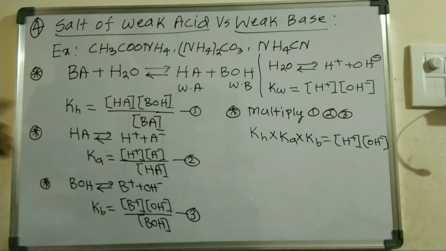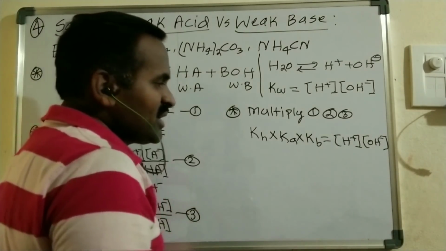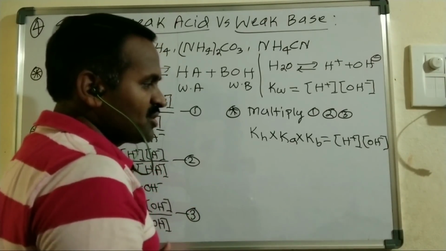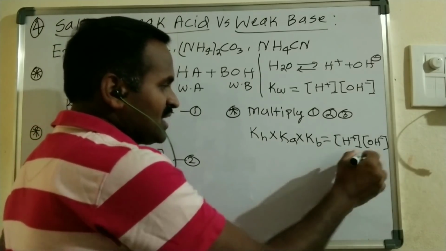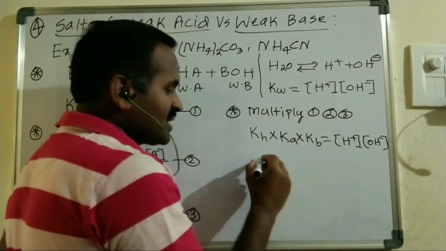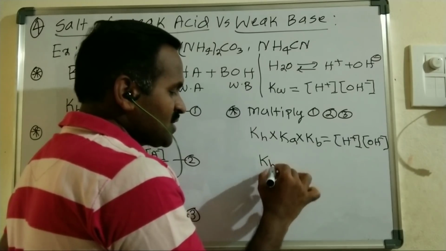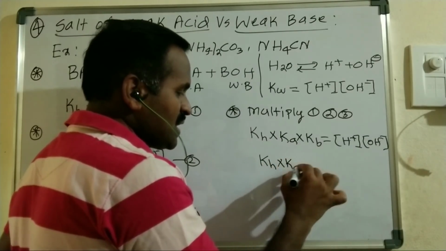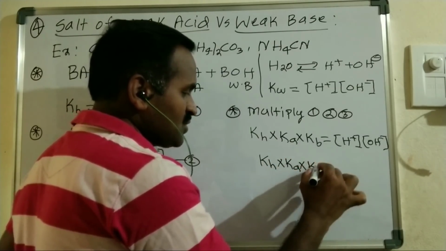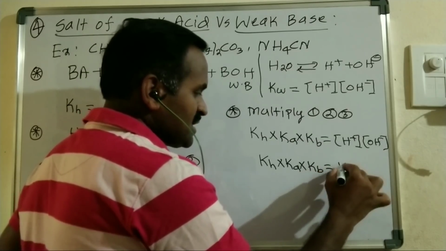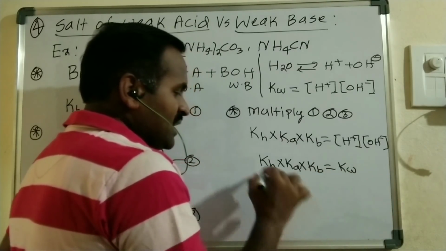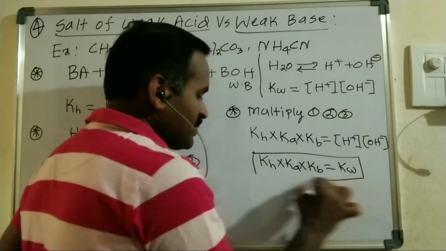When we are multiplying the 3 equations, Kh into Ka into Kb, these common terms will get cancelled. We get only H+ ion concentration into OH minus ion concentration, which is nothing but the ionic product of water. So Kh into Ka into Kb equals Kw, and this is a simple equation.